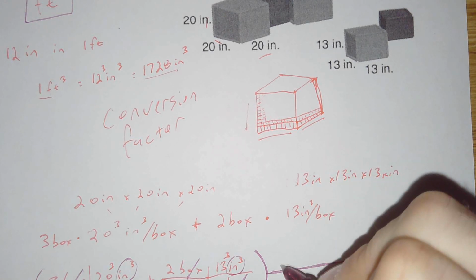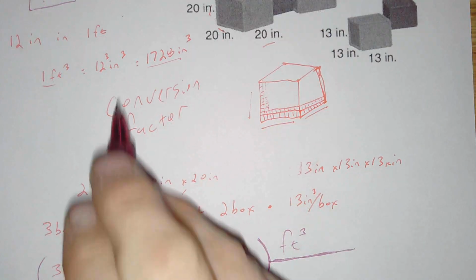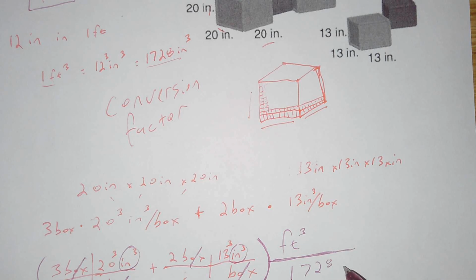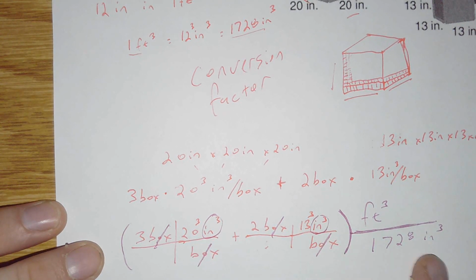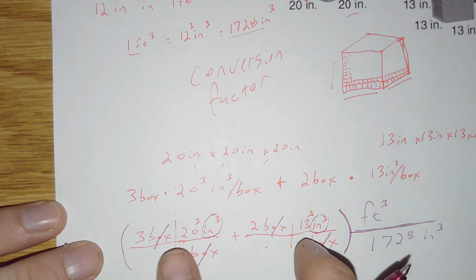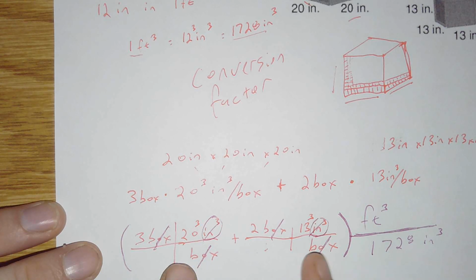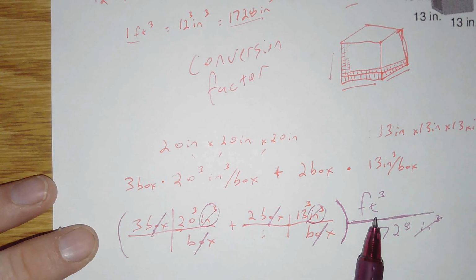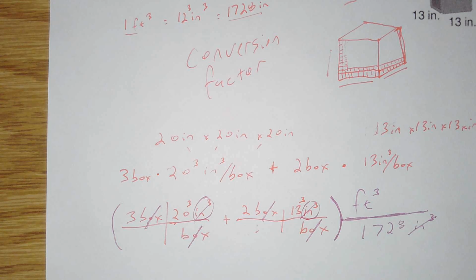So my cubic feet is 1,728 inches cubed, right? So when I'm all said and done, these inches will allow us to add these 2 terms together, and it'll cancel out, and my ending term will be in feet cubed. Okay, so let's do the math.